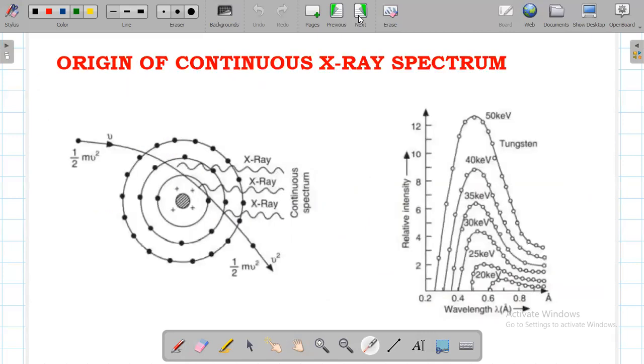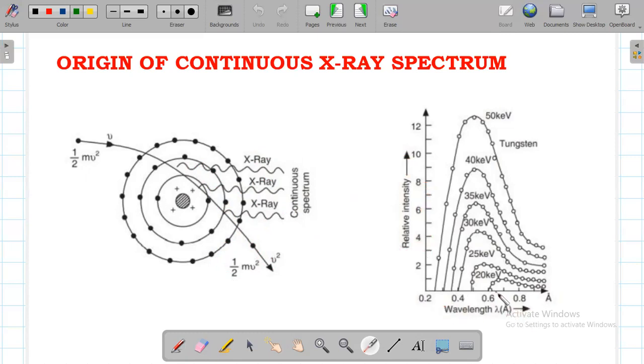Next point is the origin of continuous X-ray spectra. First draw this diagram. Show the kinetic energy initially is half mv square, and after this process we can write here half mv dash square, and during this we will get the X-rays, that is the continuous spectra, and also explain the graph of relative intensity with respect to wavelength.